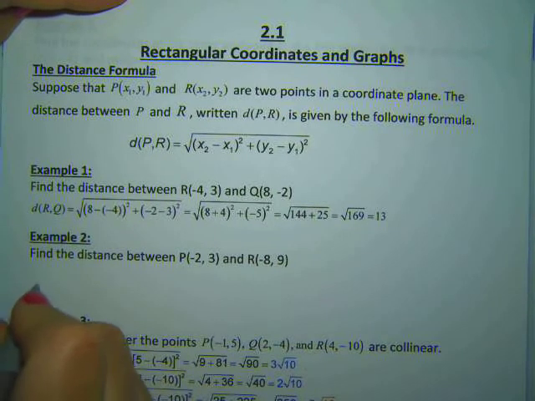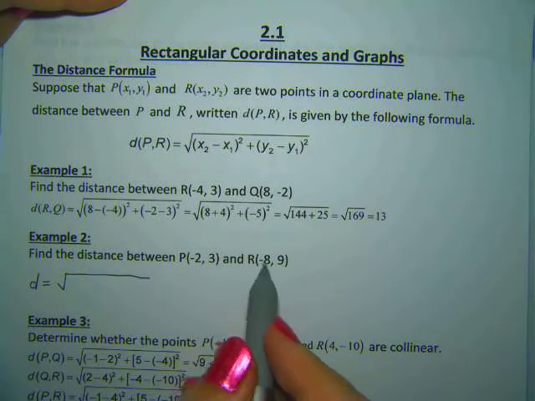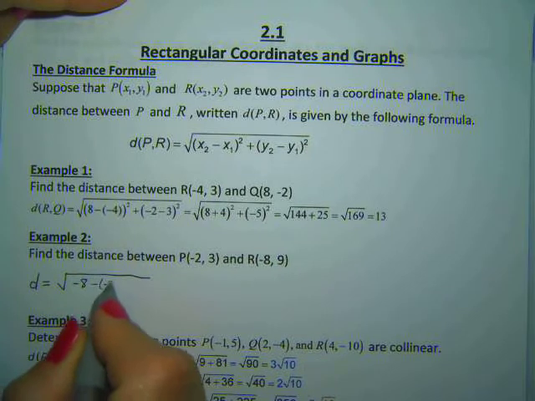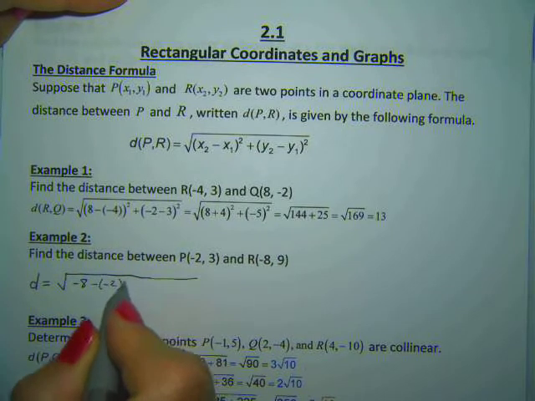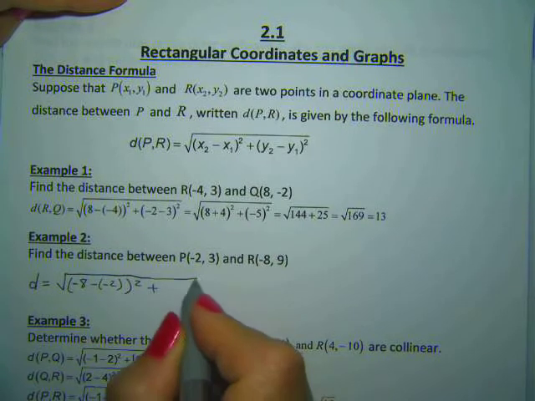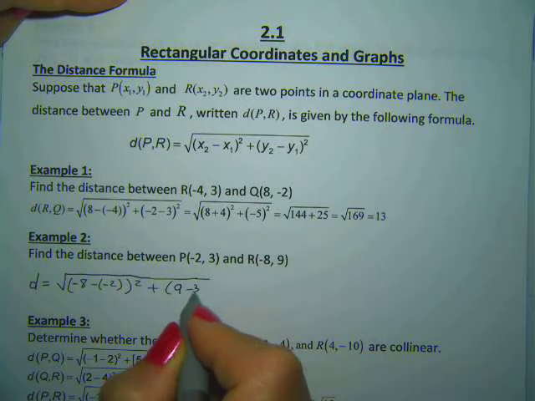So now the distance is none other than the square root of x2 minus -2, which is the x1, squared, plus y2, 9 minus 3, squared.